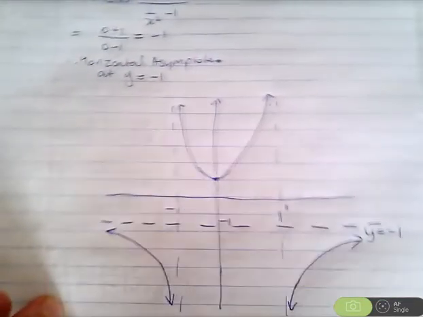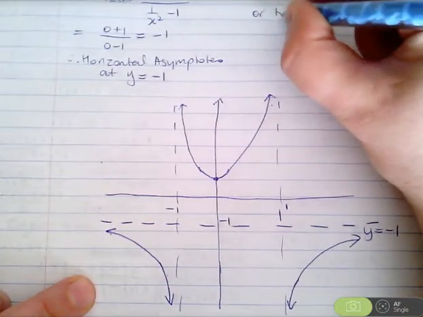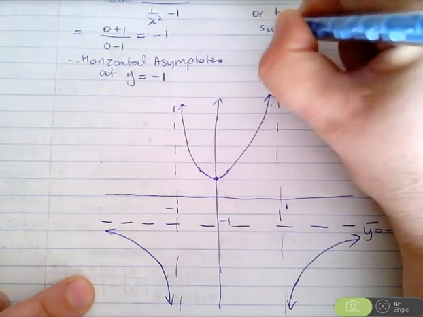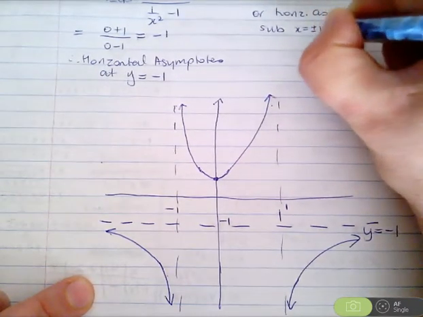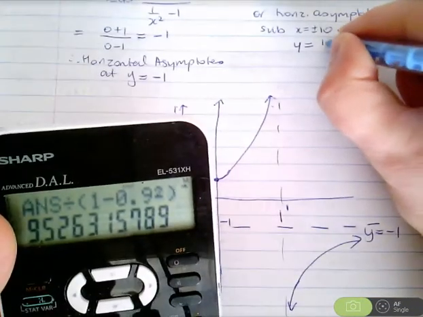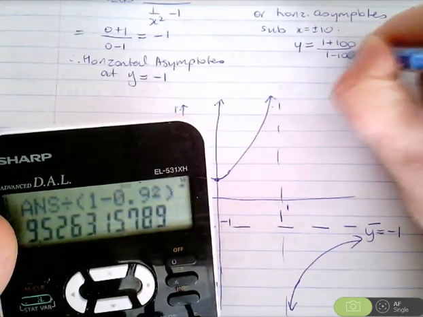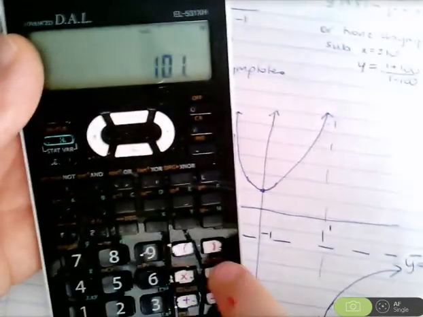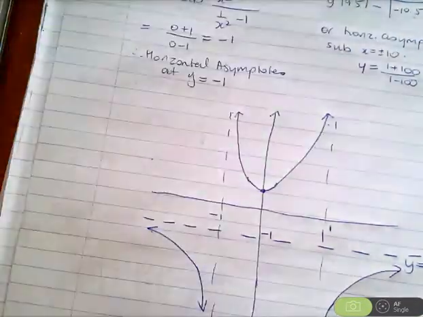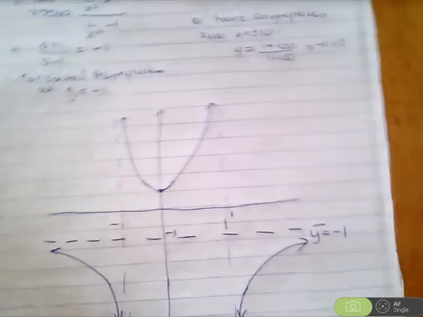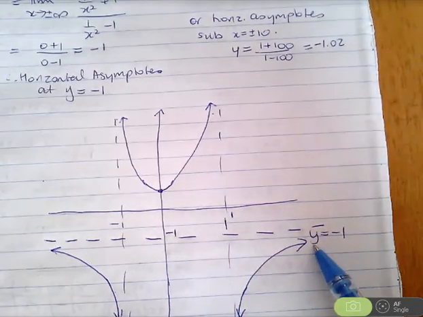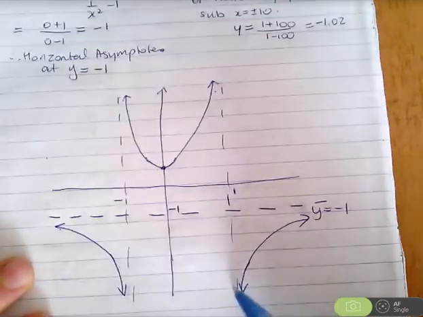Now, the other way you could have looked at the horizontal asymptotes is to substitute x is plus or minus 10 into your equation, and you would have got y is 1 plus 100 over 1 minus 100, which is 101 divided by negative 99. You would have got negative 1.02. So when x is positive 10 or negative 10, it's approaching negative 1 from below, negative 1.02, so it's coming from down here.